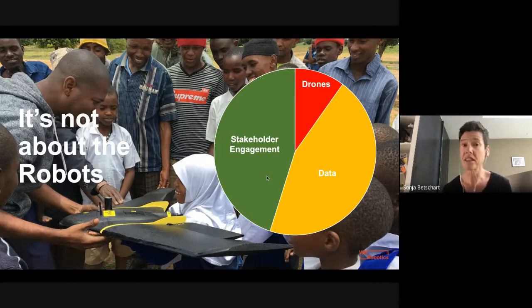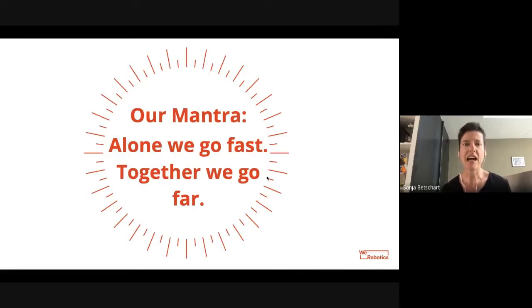An important learning I also made over the last 10 years, and also a bit before that, is this African saying that is our mantra at the Flying Labs Network and WeRobotics: alone, we can go fast. However, together, we will go far.